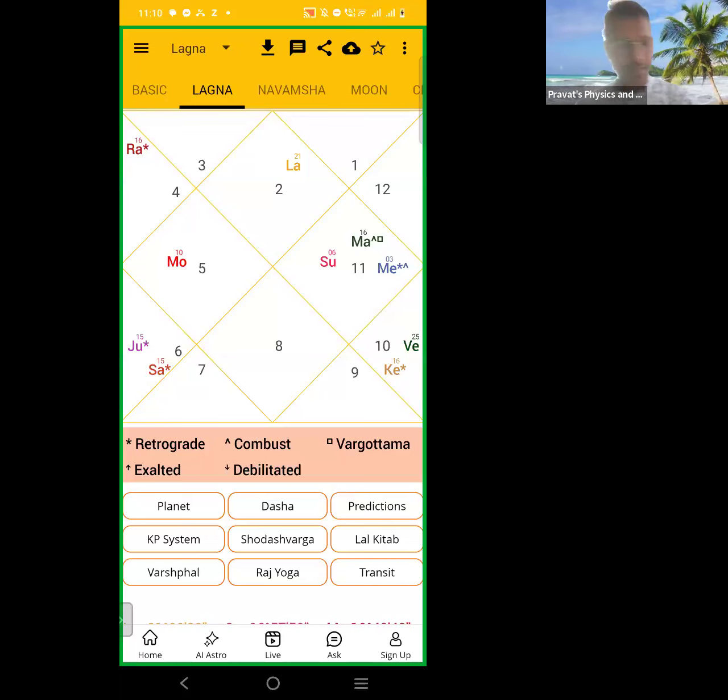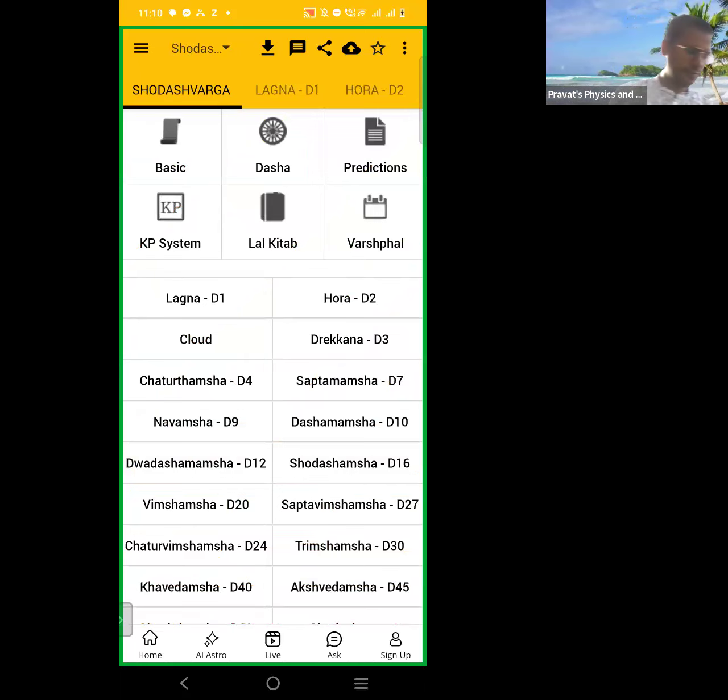So now see, the chart that I have shared is a D1 chart, the Lagna chart. When you are going to find out various kinds of charts, those who are using this AstroSage app must click at the center of the options given, and you will find Lagna is written as D1, Hora is written as D2, Drikana is written as D3, Chaturmansa D4, Saptamansa D7, Navamsa D9, Dasamansa D10, Dvadasansa D12, Sodasansa D16, Vinsansa D20, and so on.